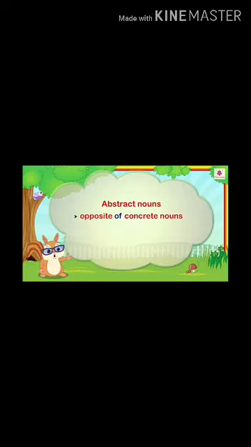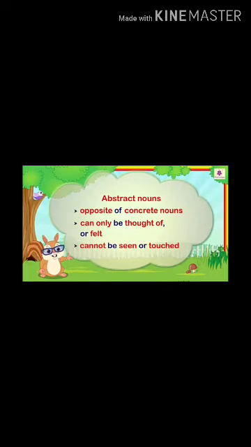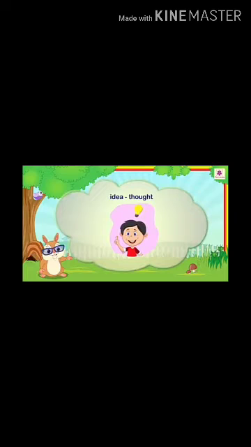Now if we talk about abstract nouns, they are totally opposite of concrete nouns. We cannot touch them, they can only be thought of or felt. It cannot be seen or touched. But we can think of it, like an idea.